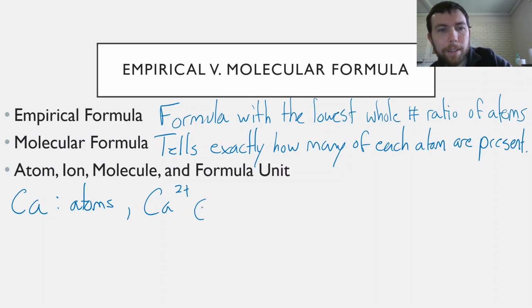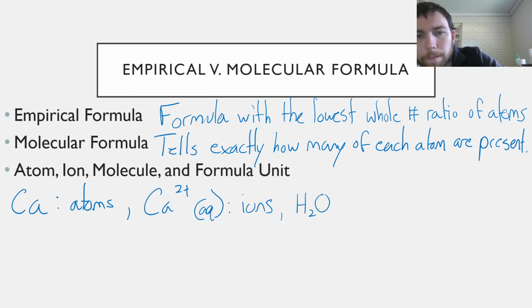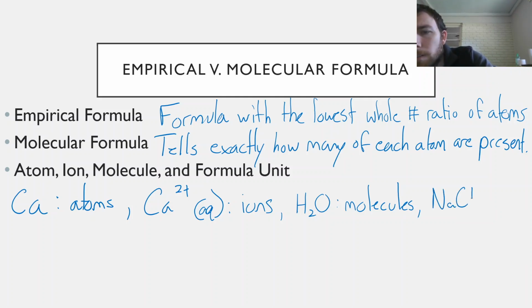We would say that that's made up of ions. If something's a molecule, that'd be something like water. And then lastly, if we're dealing with something that's a formula unit, that's going to be something like NaCl. That's going to be a formula unit.